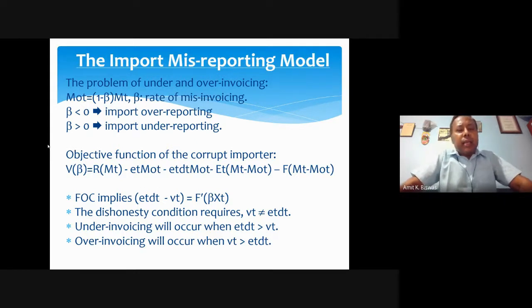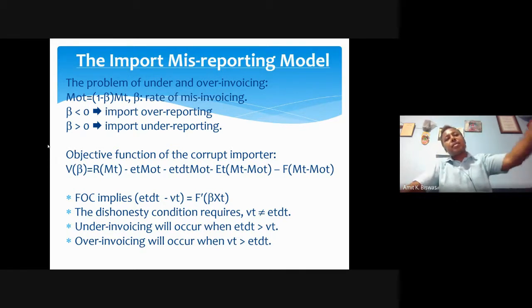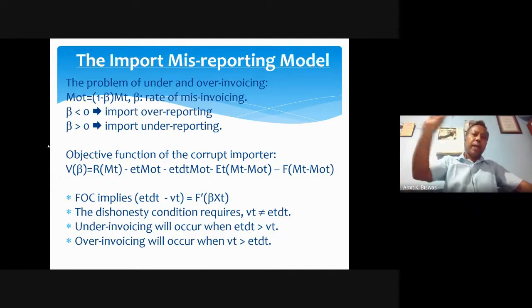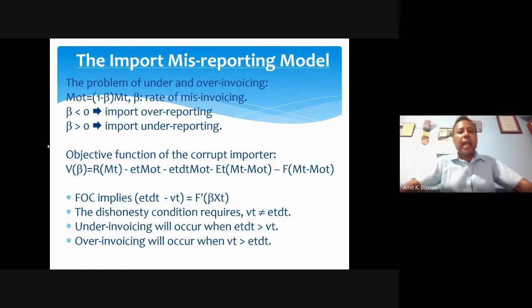Say Himadrija has imported, say, 30 laptops, and she is now marketing those 30 laptops by pasting the name of her agency, say some company X. So she has imported some laptops from the US, gave the tag of imported by Himadrija as company X, and she will sell and get an import revenue given by R. So the first component on the right hand side is your revenue, which is a function of your amount of actual import.